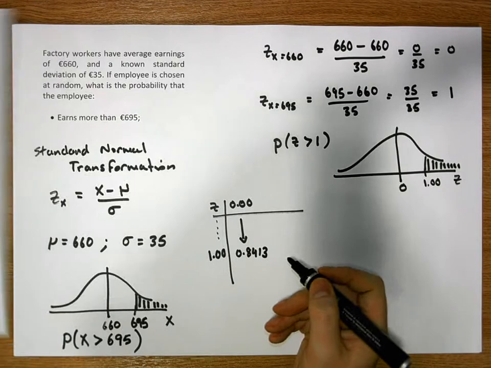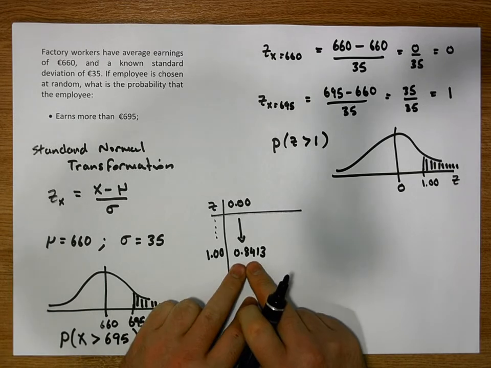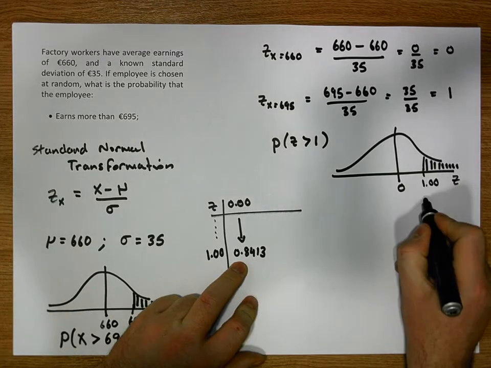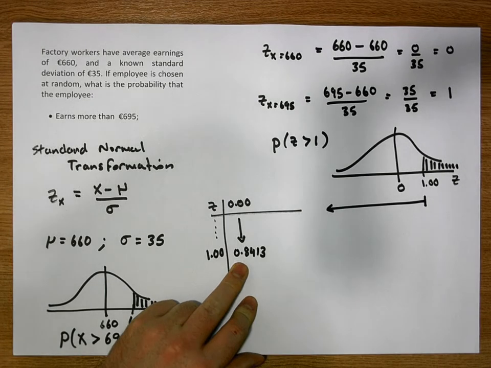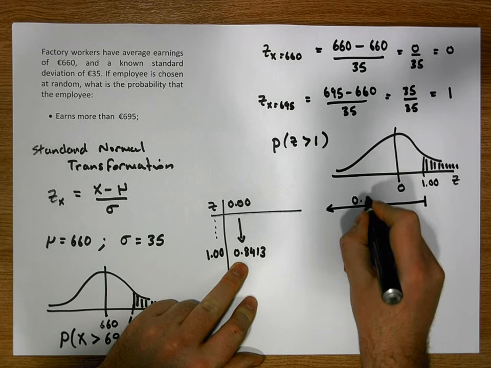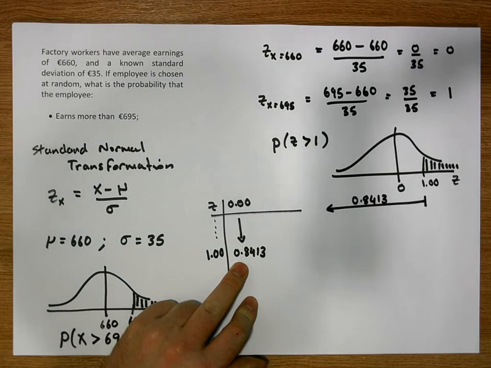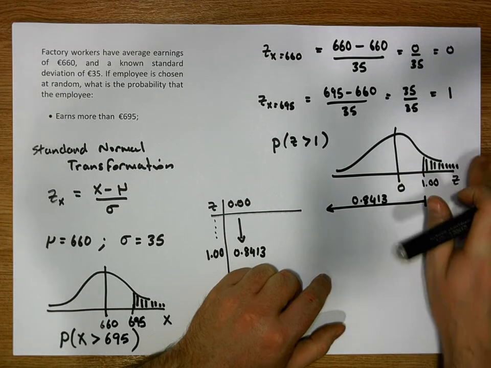Right, brilliant. Now what we know is that anytime we look up a positive value on our tables, the value returned will always represent the area to the left hand side of the positive value. In other words, the area under the curve to the left hand side of 1 is 0.8413.